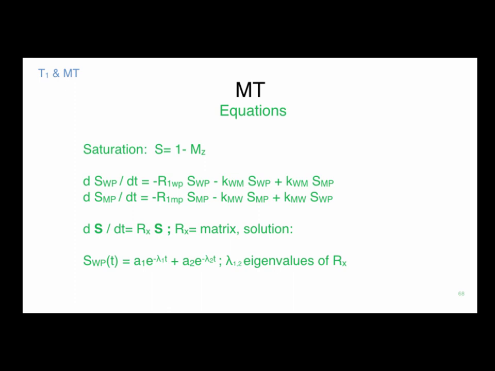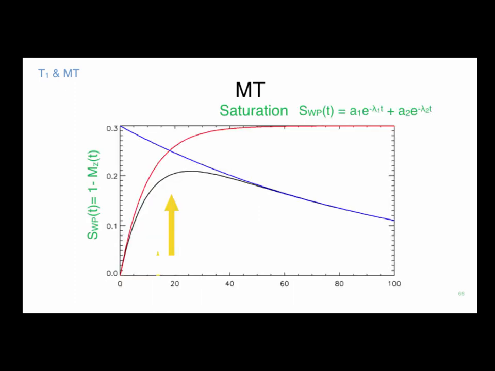And the solution then turns out to be a sum of two exponential decay rates, where the two rates are the two eigenvalues of the exchange and relaxation process. So it sounds like a lot of math, but there is actually an intuitive explanation for this.